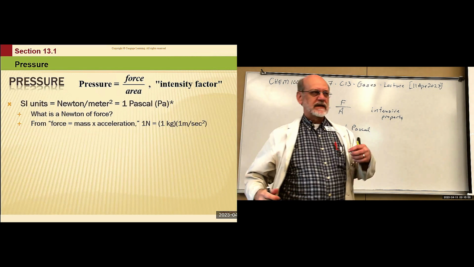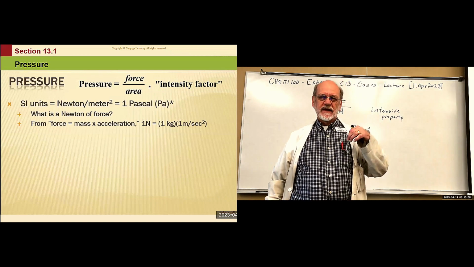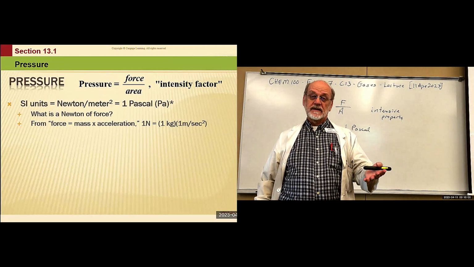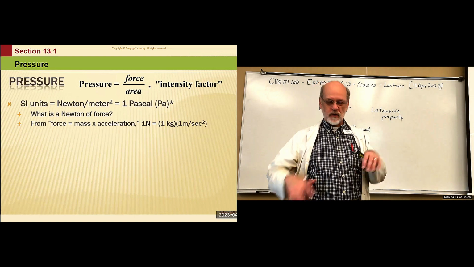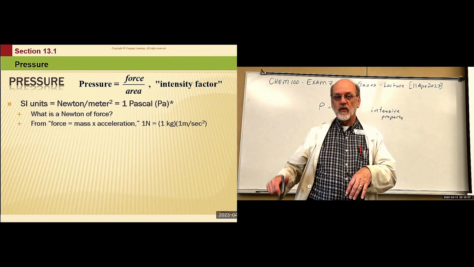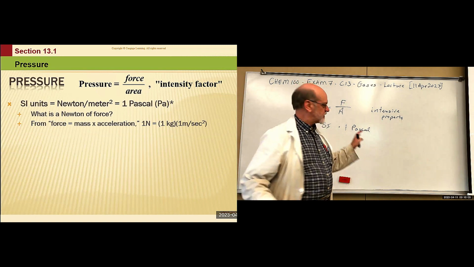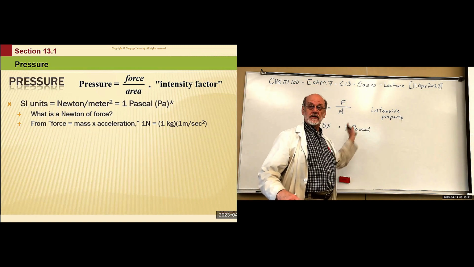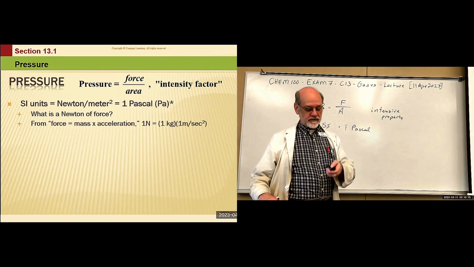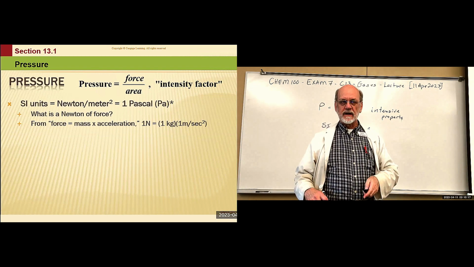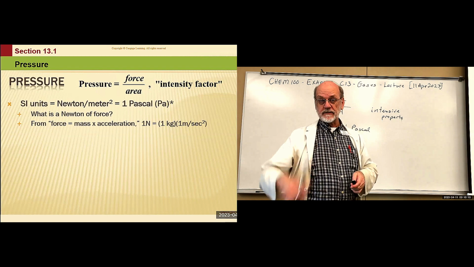But historical precedent has given us other units that are more useful for this course. So we just need to know the Pascal and how to convert Pascals from one unit to another. There are other units of measure that will be more useful for us.